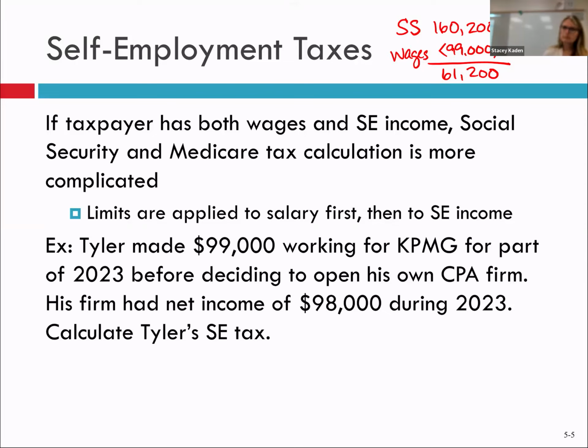Does he have self-employment income? Yes, of 98,000. What's our first step when we have self-employment income?